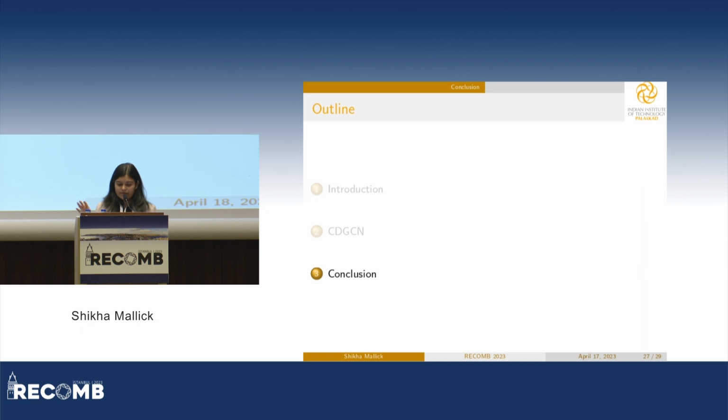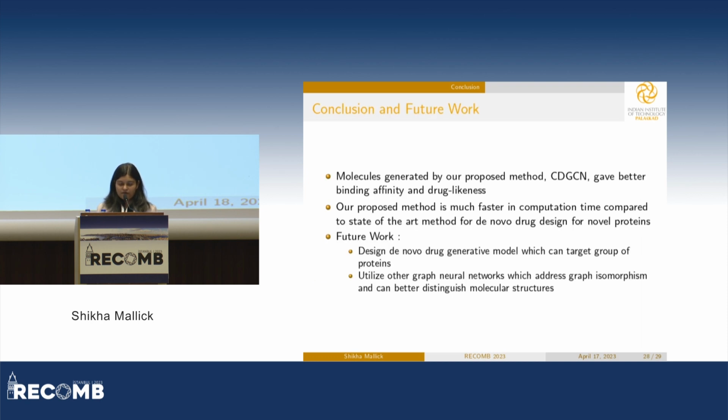To conclude, the molecules generated using our proposed method CDGCN were able to give better binding affinity and drug likeness compared to the state-of-the-art, and in some cases, the molecules could also give better binding affinity than some of the known ligands for the proteins.